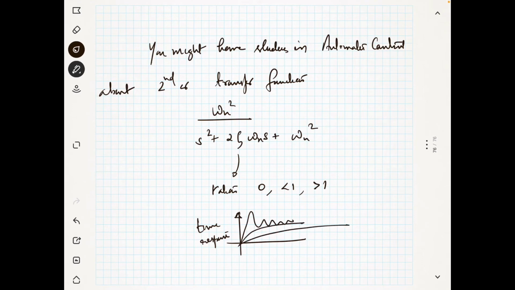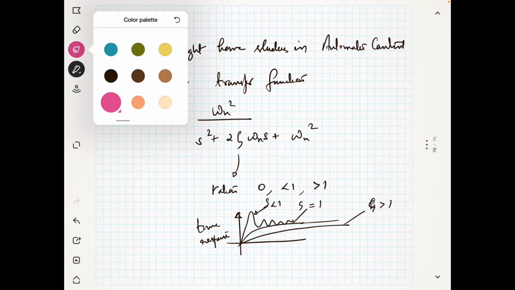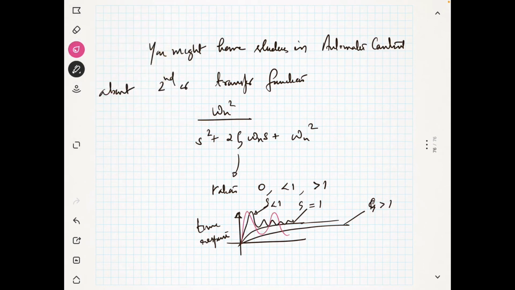All these are the time response characteristics that you have studied: damping ratio less than 1, theta equal to 1, and theta greater than 1. It is always oscillatory when theta equals 0, which means the roots become complex. So this is the second order transfer function.